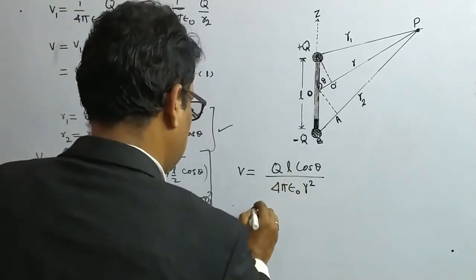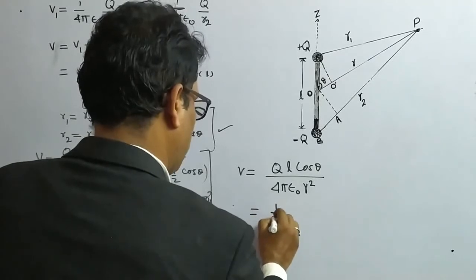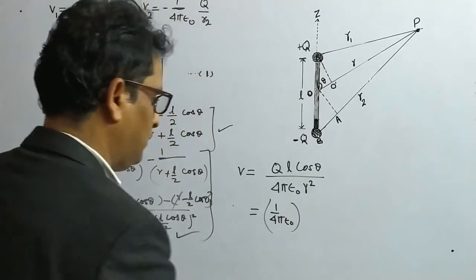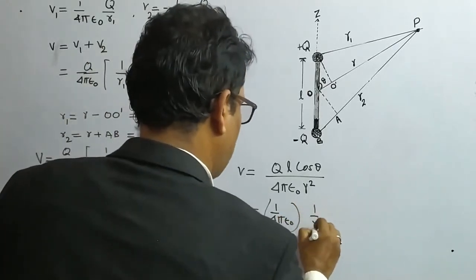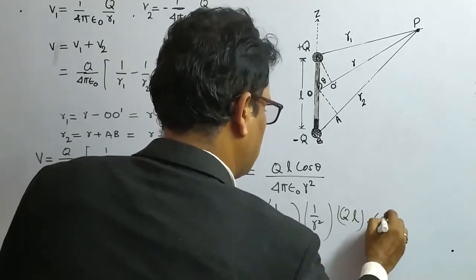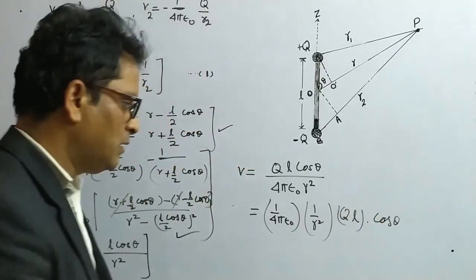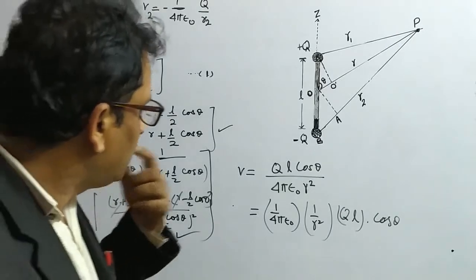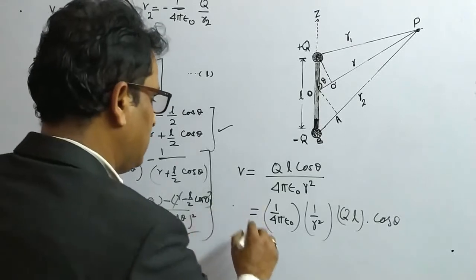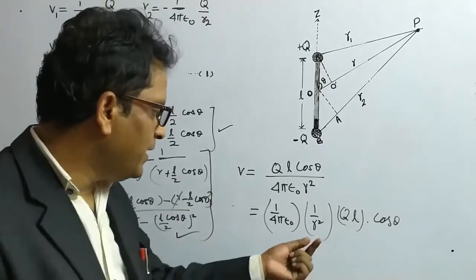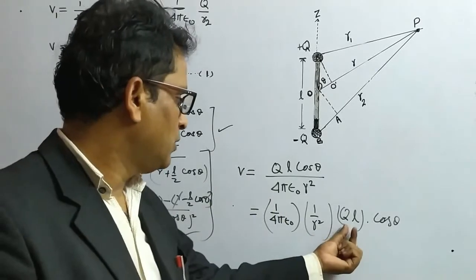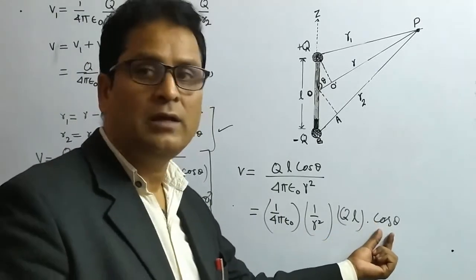I can write this as 1 over 4 pi epsilon naught, 1 over r square, qL cos of theta. So as you can see, the potential is a factor of 1 over r square, qL and cos of theta.